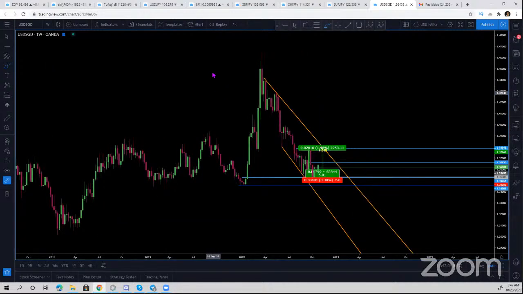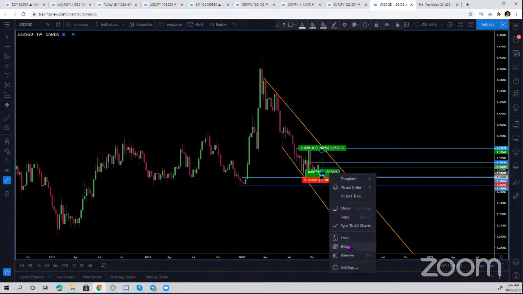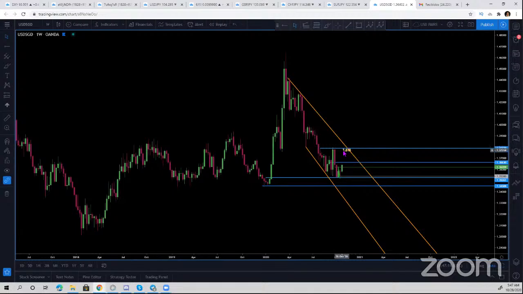I completely agree with you on that. Let me just delete this, hide it, right? Let's talk about this trade, for example, this exact trade. Right now, we are looking at some very bullish price action, right?